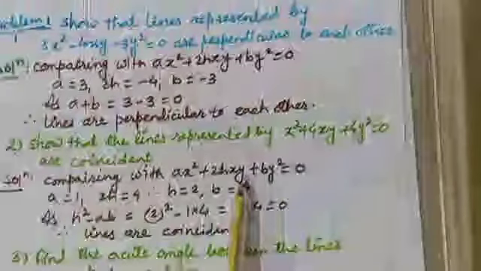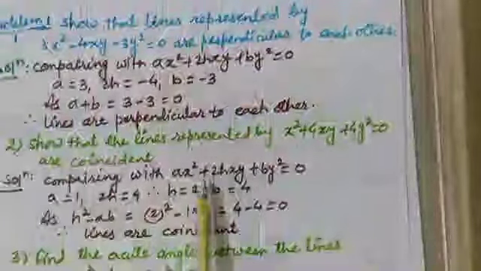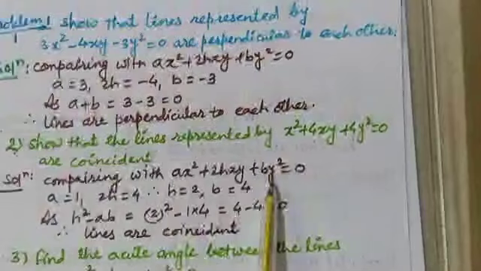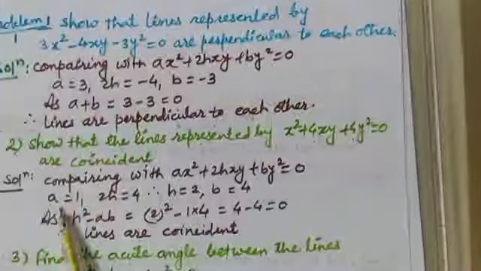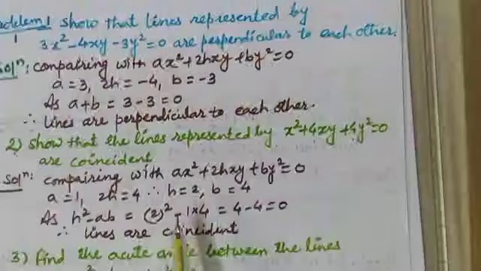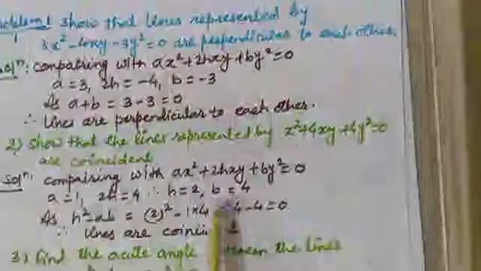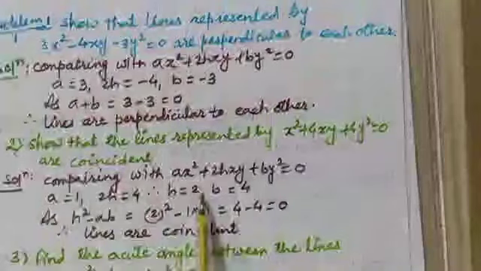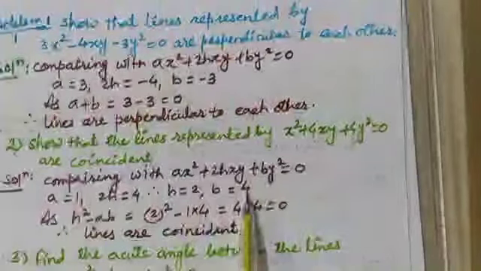Again compare this equation with the form ax square plus 2hxy plus by square is equal to 0. After comparison, we get the value of a is equal to 1, twice h is equal to 4, which gives h is equal to 2, and b is equal to 4.